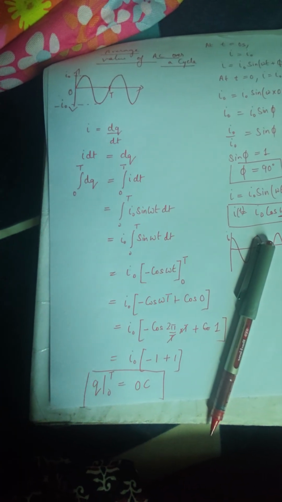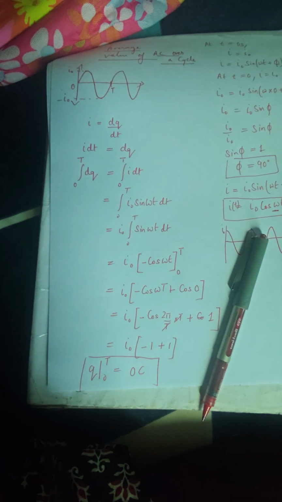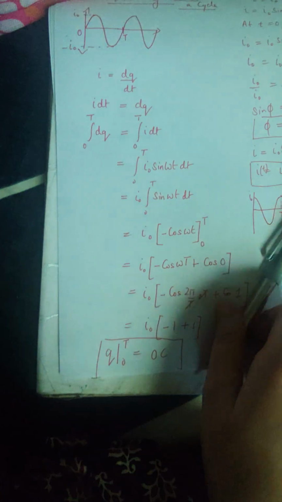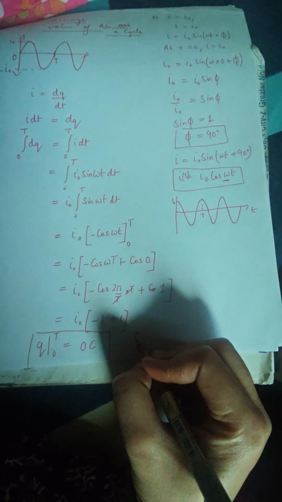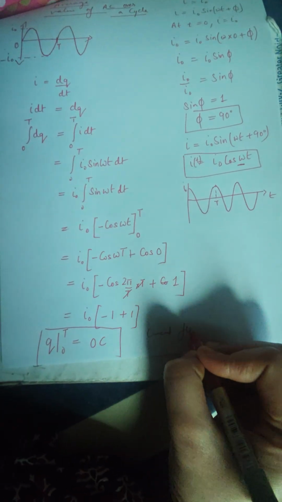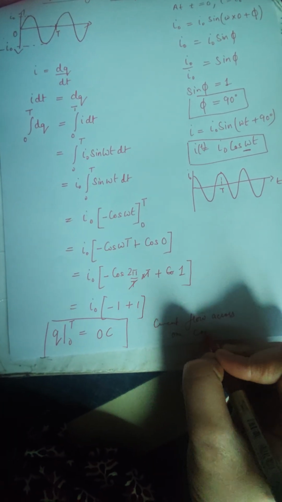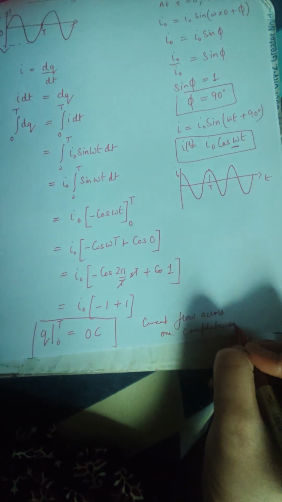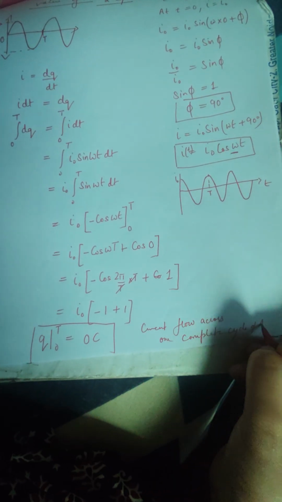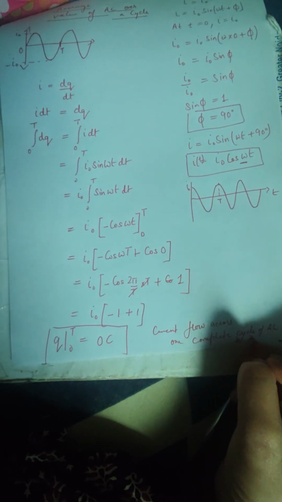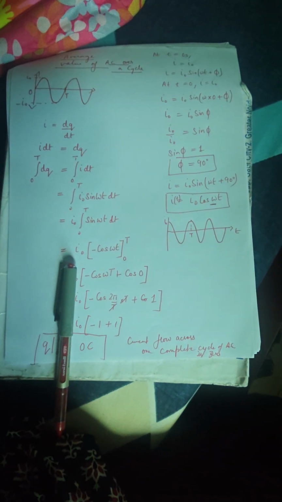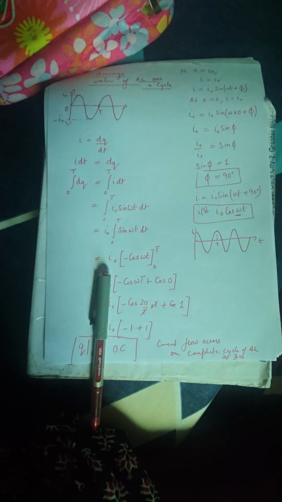Yes, so let's write that. Cycle of AC is 0. This is a fact to be remembered, or I can say you have derived it also, so you can take note of it.